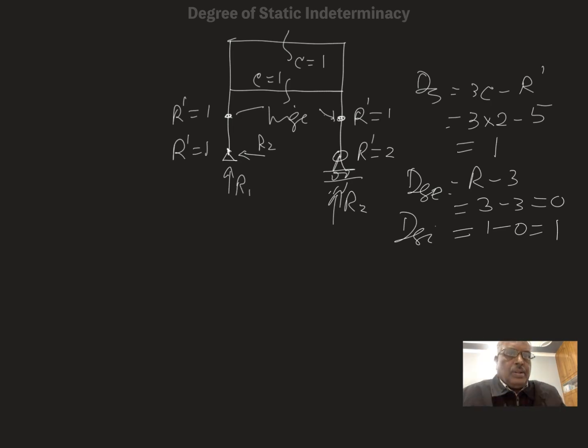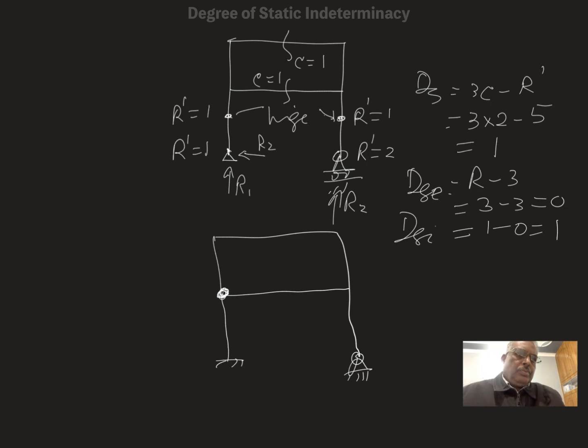Another example, if I am taking framed structures. Suppose this is the fixed support, this is a hinge, and suppose this I am making a hinge. So how to find out the degree of indeterminacy? So here there are 3 members meeting.